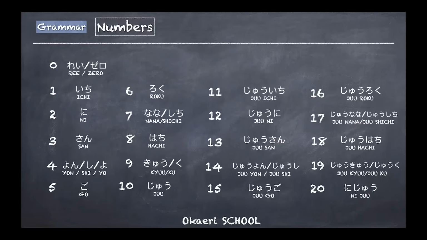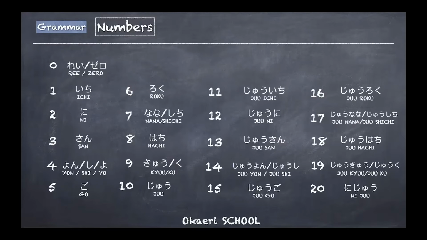And then 10 plus 1, 2, 3, 4, 5. So 11, 12, 13, 14, 15, 16, 17, 18, 19. And 20, that will be 2 times 10, right?